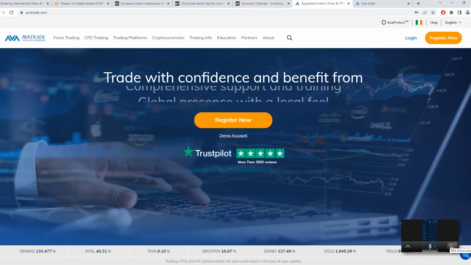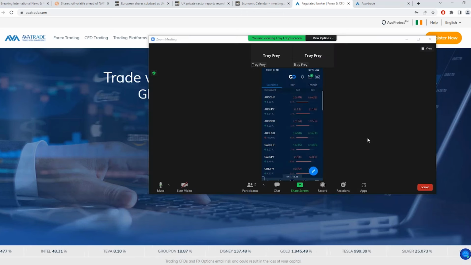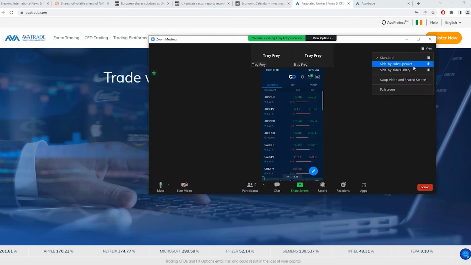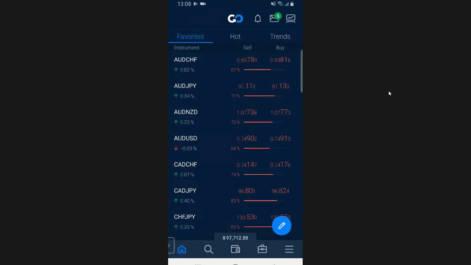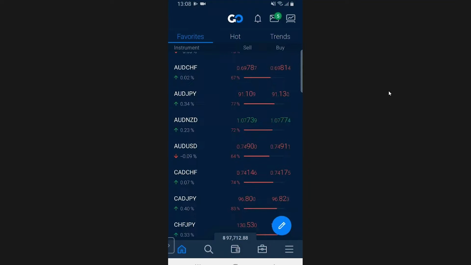So let me expand the mobile app. I think it's important that you know how to use all of our tools. So if I go to a full screen view showing from my phone, this is the AvaTrade Go mobile app, and it's very helpful for your technical analysis, which is what we're looking at with the advanced tools that are available on it, as well as for fundamental analysis.